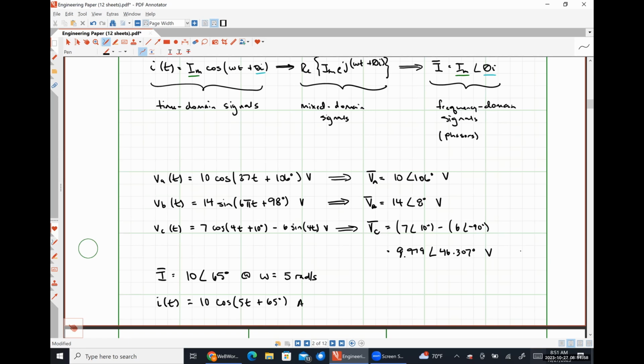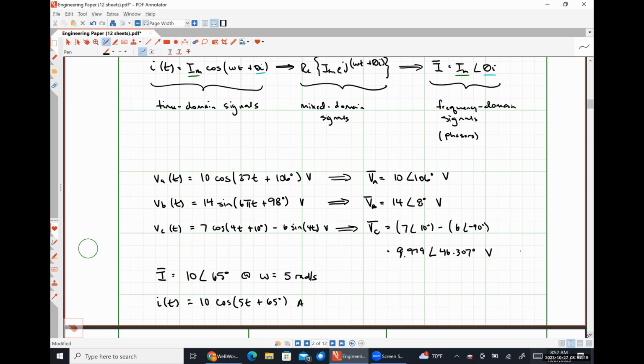Magnitude's the same, phase angle's the same. We just got to stick that omega in where it needs to go. That's it. That is how we convert from the frequency domain back to the time domain. So voltages and currents are pretty easy to go from the time domain to the frequency domain and vice versa.